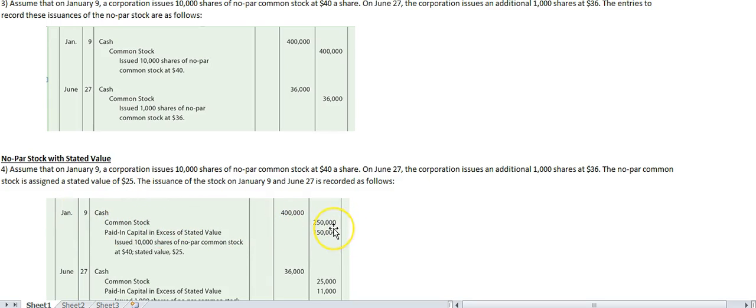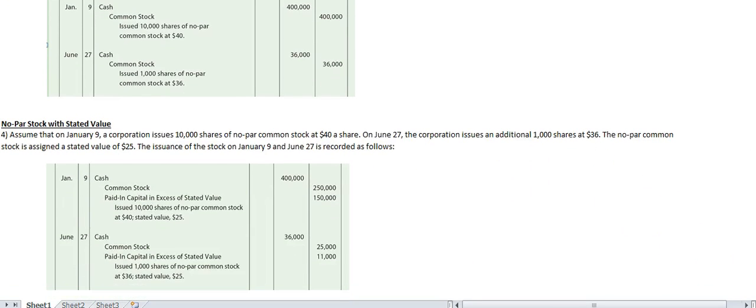That's what you put under common stock. Anything above that becomes paid in capital in excess of stated value. So as you can see here, we're not going to put paid in capital in excess of par; we put paid in capital in excess of stated value. $40 minus $25 is $15, times 10,000 is $150,000, and the company receives $400,000 in cash. And you're going to do something very similar with the $36.